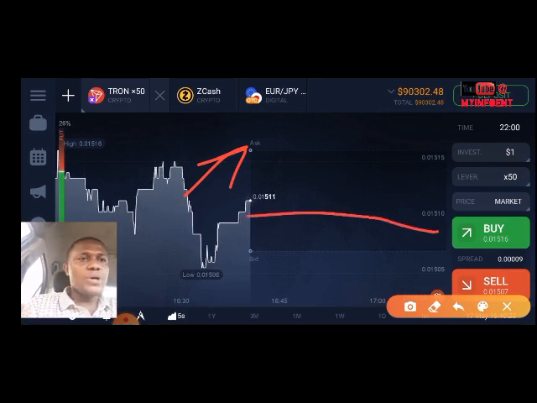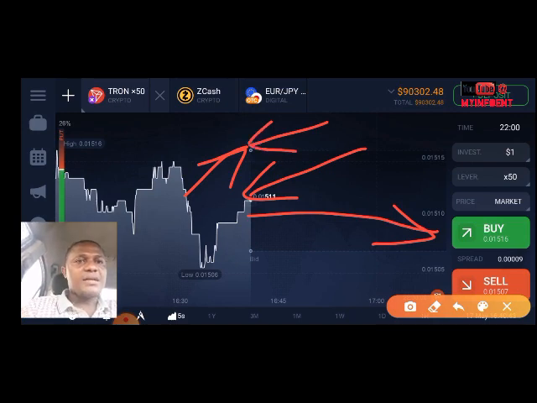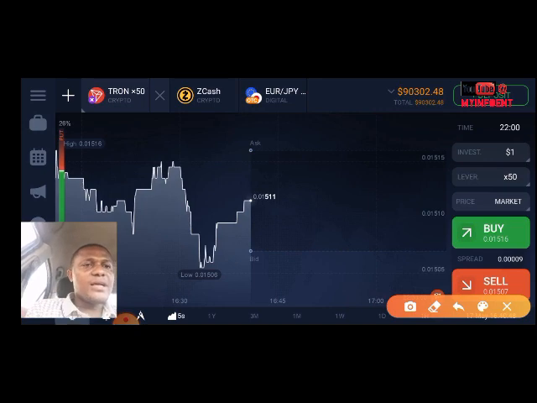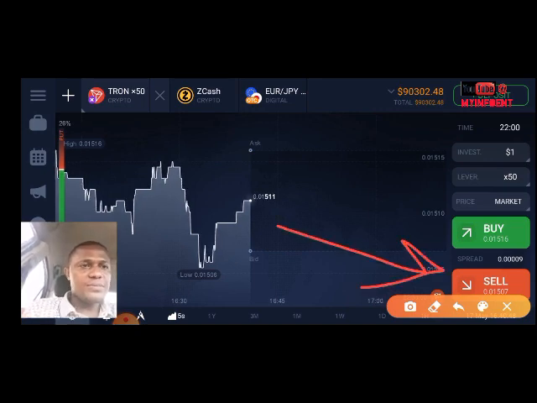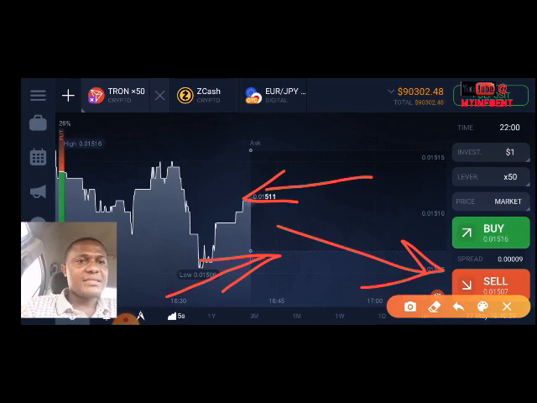So if you open a buy position, instead of your trade picking at the current point, it will rather pick at the ask point. And if you open a sell position, instead of your trade picking at the current price of this asset, it will pick at the bid price.